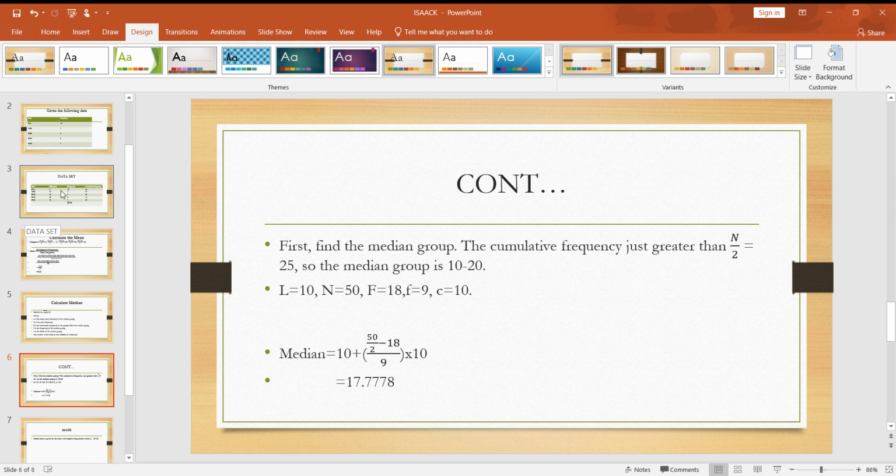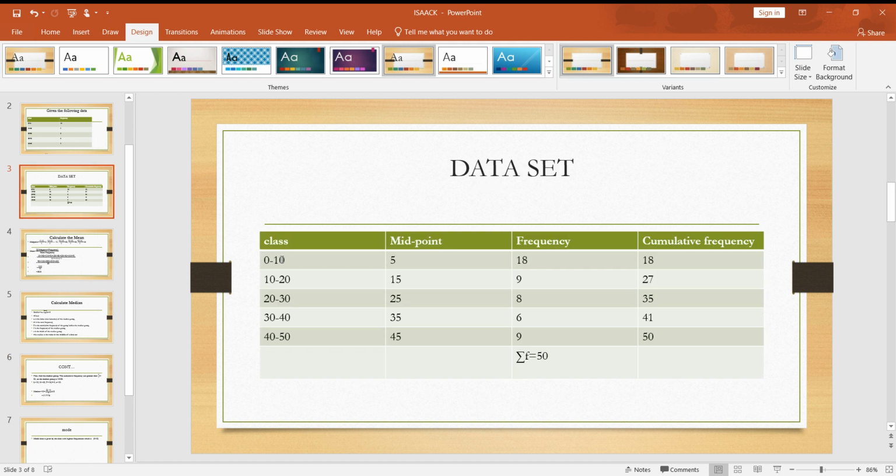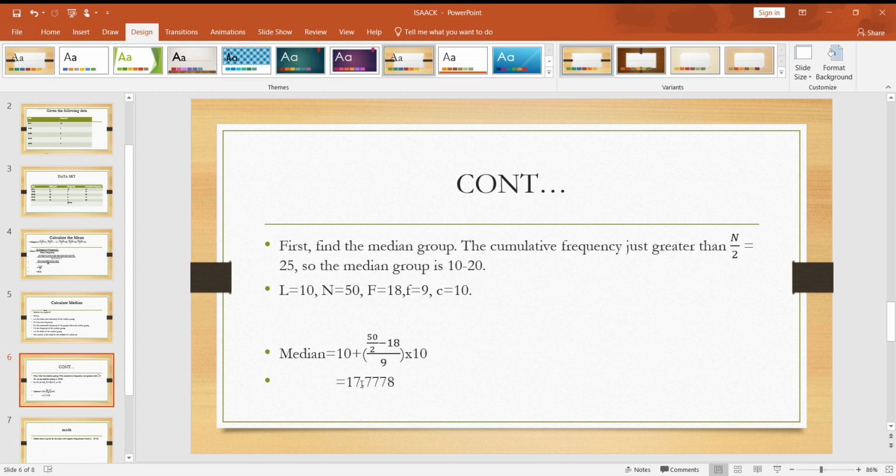Class width we get by subtracting 10 from 20. That gives 10. And our answer is 17.778 to 5 significant figures, which is equivalent to 18. That is calculating median of a group data.